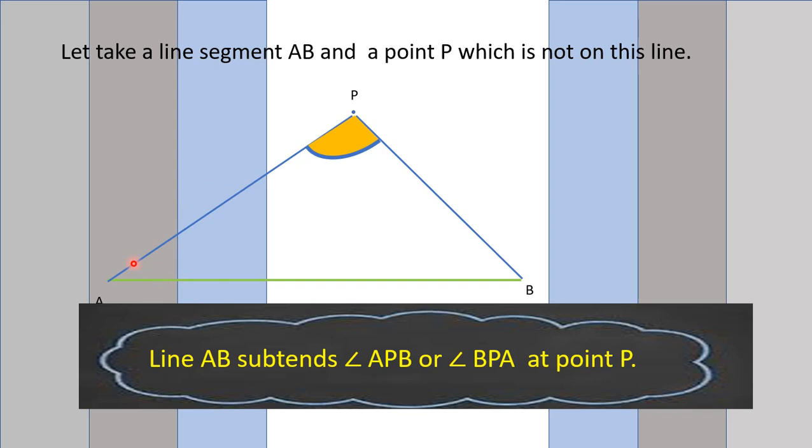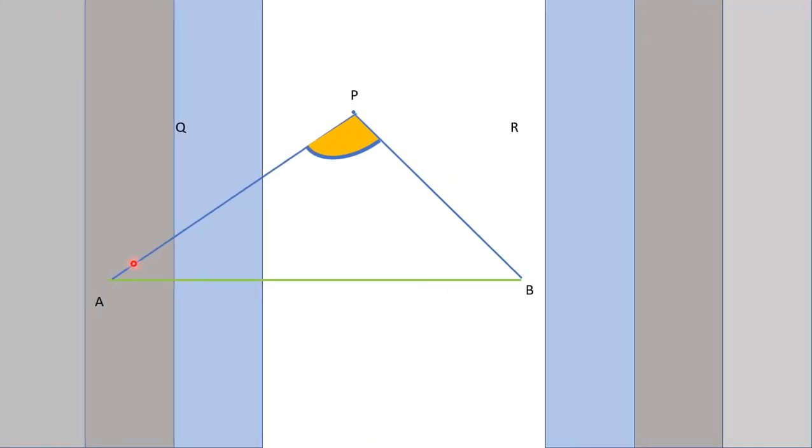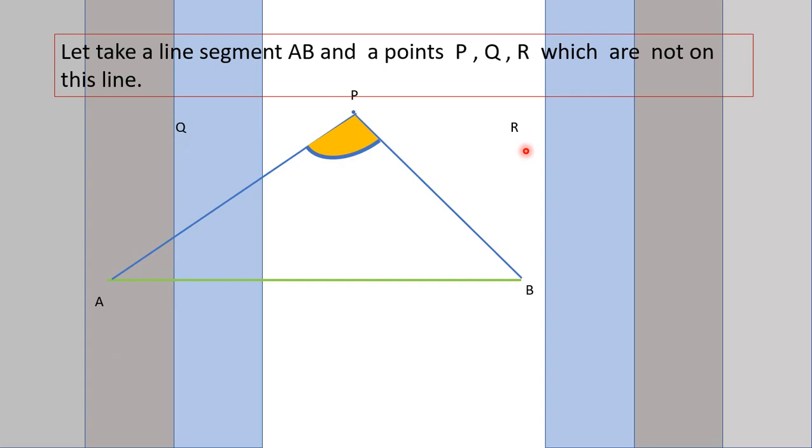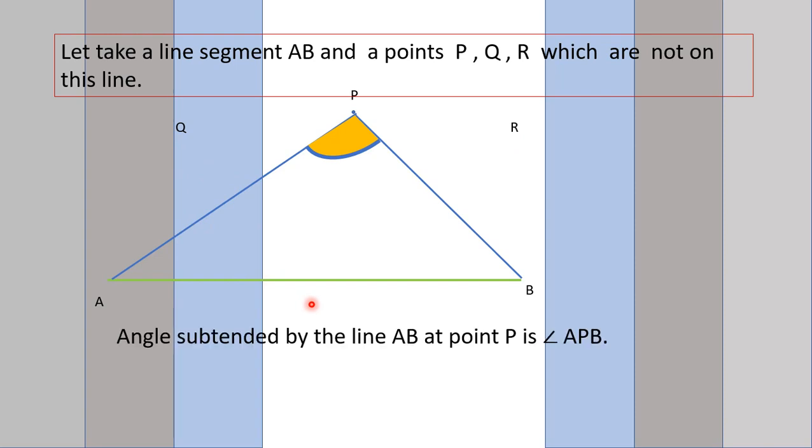P. Similarly, suppose we have more points, Q and R, which also do not lie on the line segment AB. The angle subtended by the line AB at point P, as in the earlier slide, is APB.